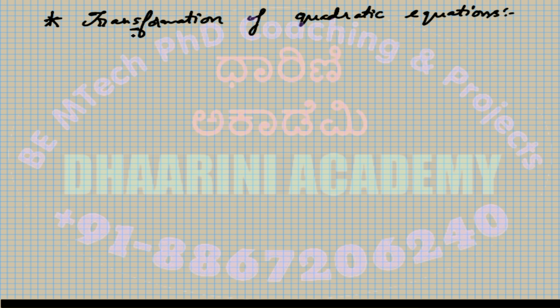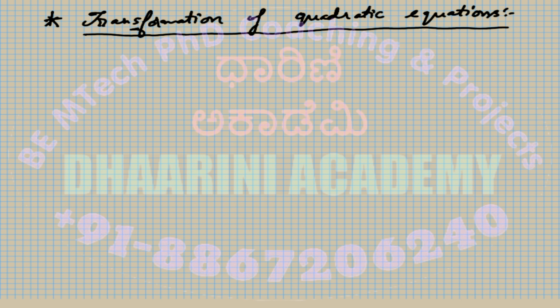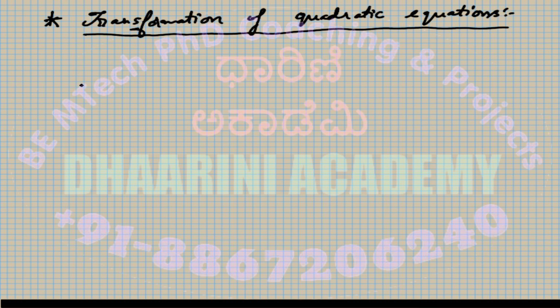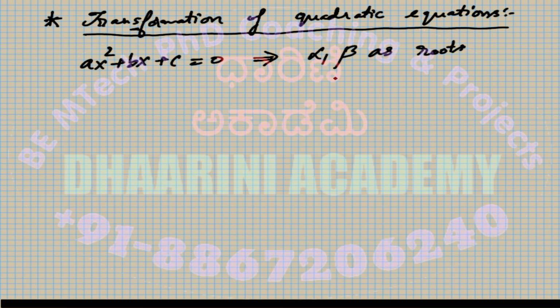All right, now once again, we'll come back to the same equation. Let's say we start with the equation ax square plus bx plus c equal to 0 with alpha comma beta as the roots.